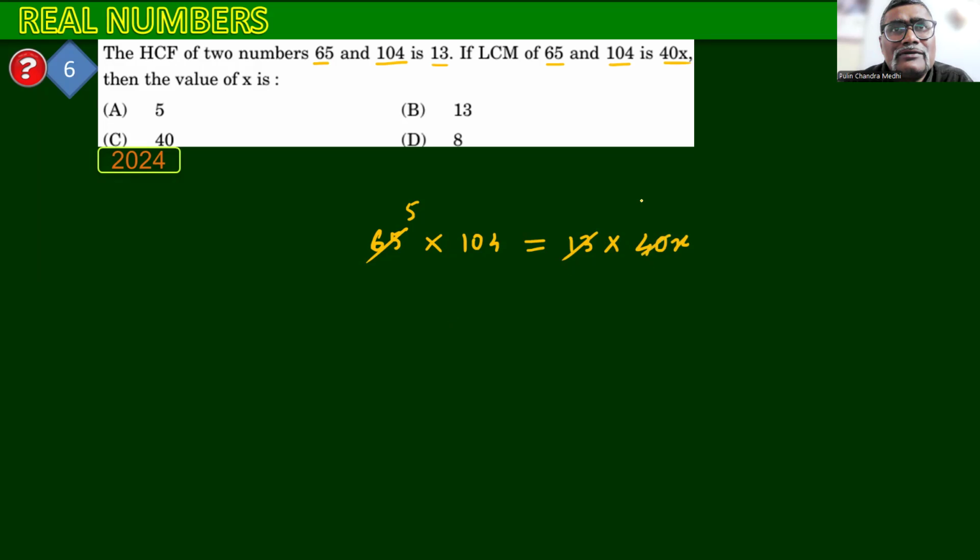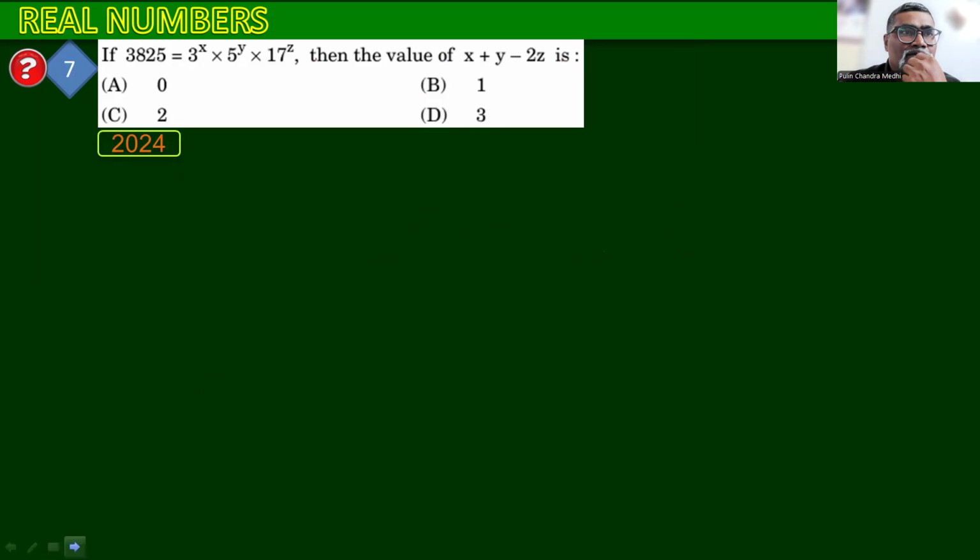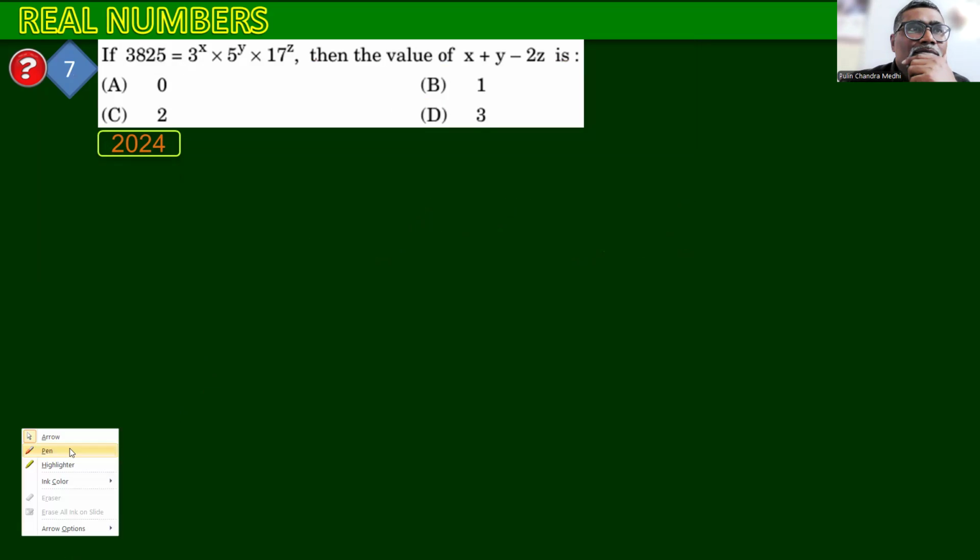By 2 if you divide or by 4 you divide, then you'll be getting 10. By 4 if you divide, it will be 26. Then by 5 it will be 2 times. This 2 will cut it by 13. So what is the value of x? You have the value of x as 13. Easily you can do it, right? Okay. Yes, that is a good question on prime factorization.